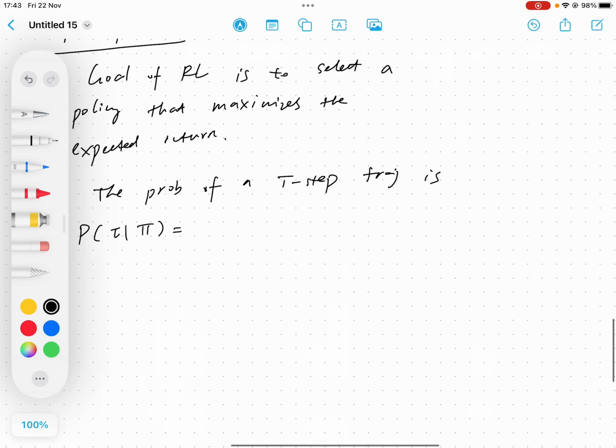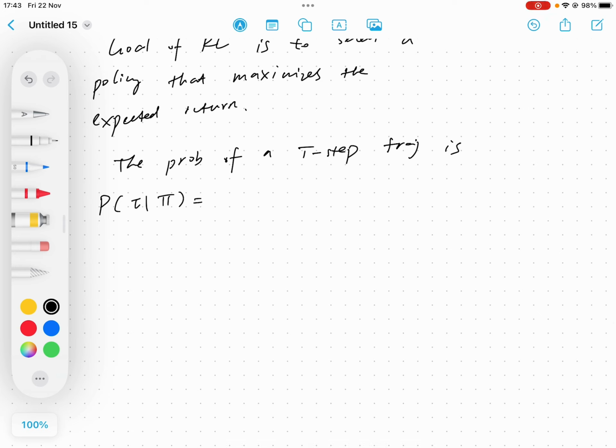Here, we simply need to multiply all those joint probabilities in each time step, right? But before that, first we have the initial rho 0 of S0.